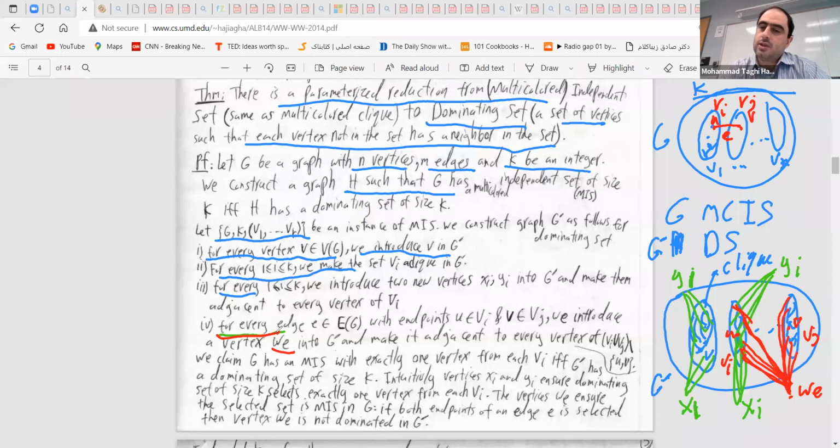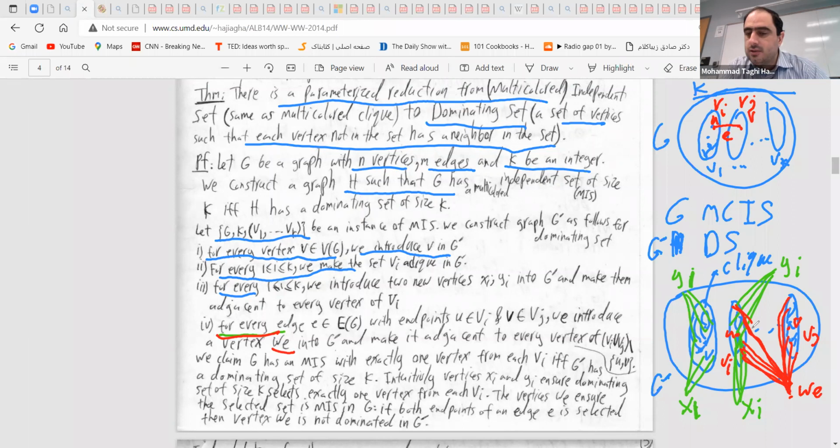So again, I will mention that this is the graph G. We have V1, V2 to Vk. These are the vertices we want to solve multicolored independent sets. For each of these sets V1 to Vk, we are putting the corresponding set with the same set of vertices. For each of them, we are adding these two vertices, xi and yi, that are connected to every vertex here.